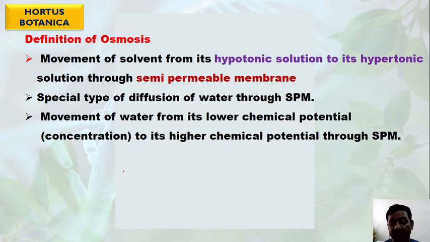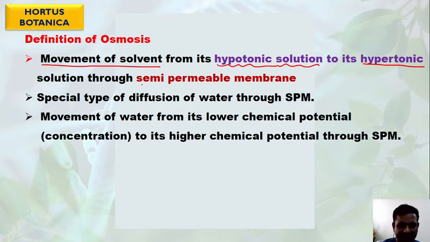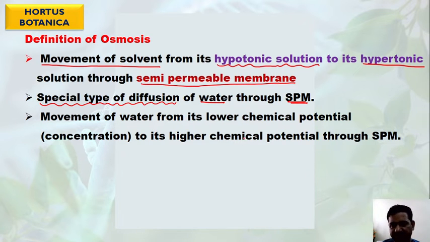So let's discuss what NCERT has given. This is the movement of solvent from the hypotonic solution to the hypertonic solution through a semi-permeable membrane, as I told you. This is a special type of diffusion of water, a pure solvent, through the semi-permeable membrane, SPM.